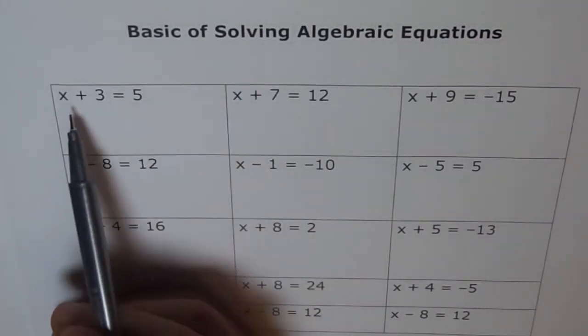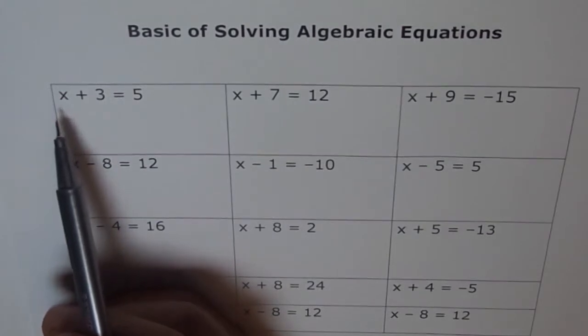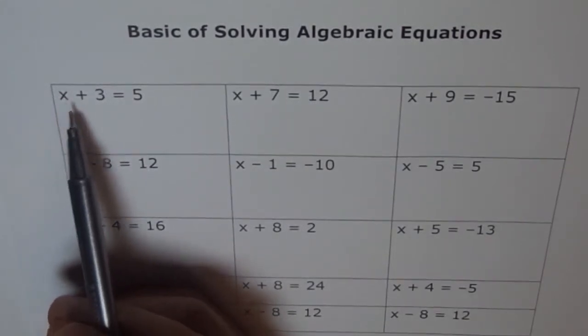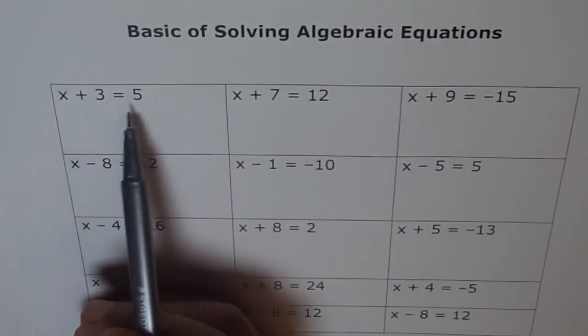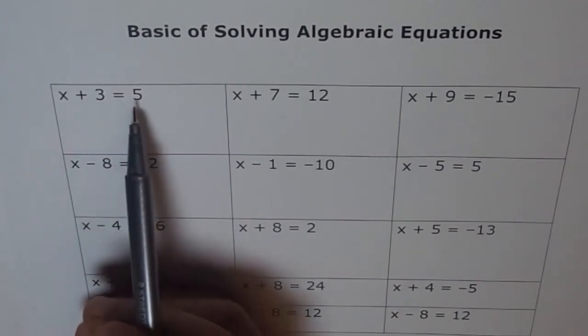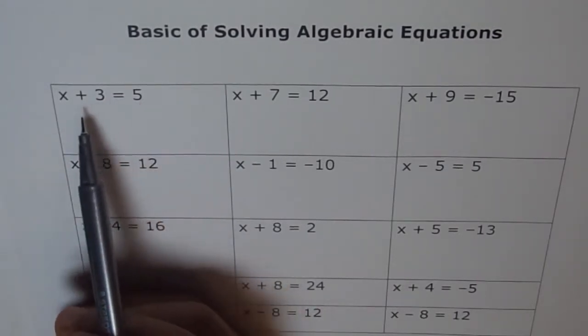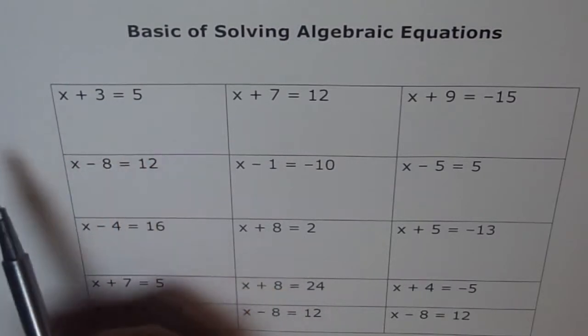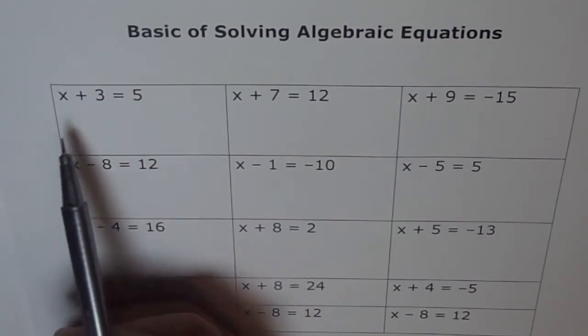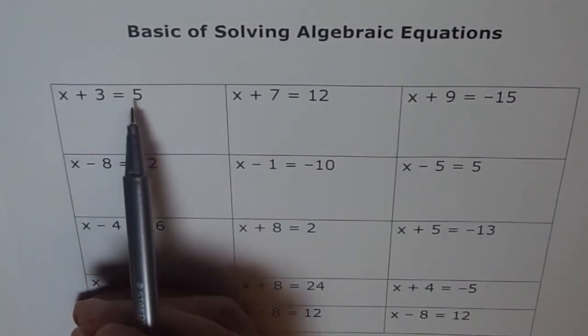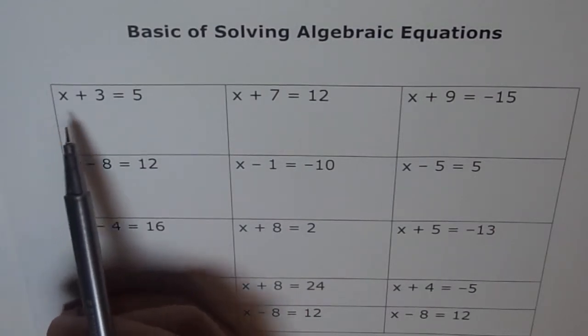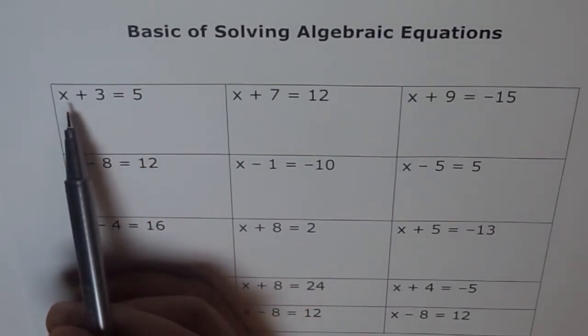Solving means finding the value of the variable which will make the equation true. That means we want to make the left side and right side equal. Now when I write x plus 3 equals 5, then 2 plus 3 is 5, correct? So easy. So how will you make 3 into 5? By adding 2, correct?